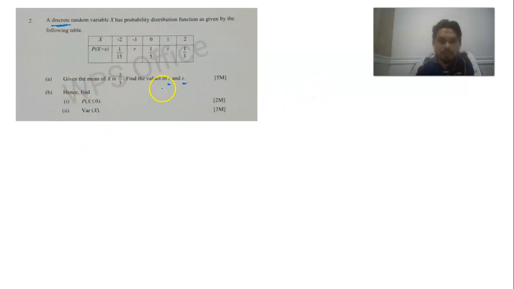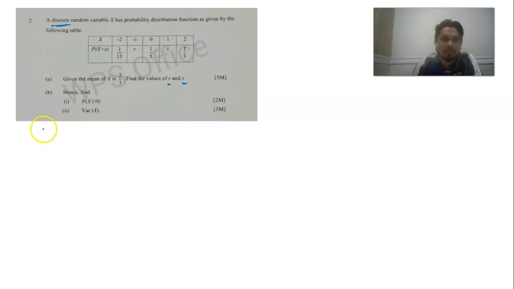Because we're going to find two variables, r and s, given one clue here, the mean is 2 over 3. Don't forget we have another clue that we can use, because we need two equations to find these two variables, r and s.